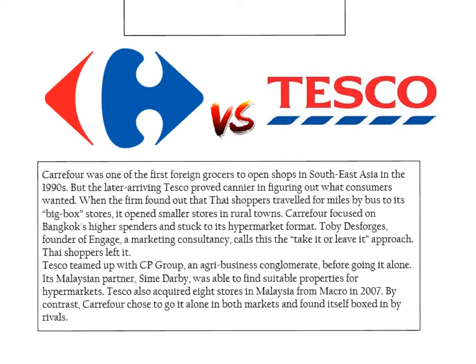When Tesco entered this market, they carried out research and realised that consumers didn't want to travel these long distances, and that Thai shoppers were travelling for miles by bus to the big stores. So they opened their smaller stores in rural towns, helping the accessibility and improving the demand from these Thai shoppers.